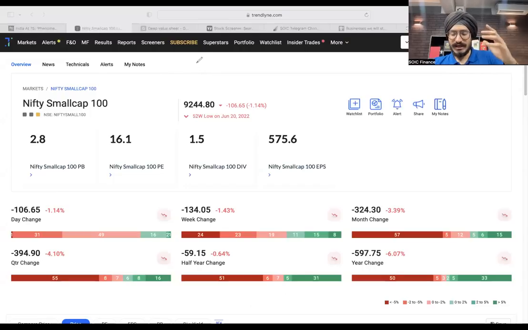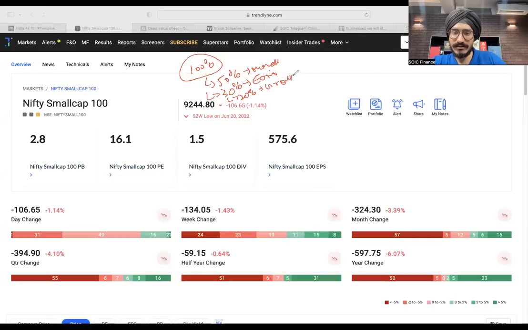So David Swenson, एक बहुत सही endowment fund, वो endowment fund जो Yale University का है, so he used to run that, and he always used to say that out of 100% of your returns that come from stocks, 50% is from overall market conditions. 30% of your returns come from the earnings growth of the company, and 20% of the returns come from group stocks, whether that particular group is doing well or not, right?